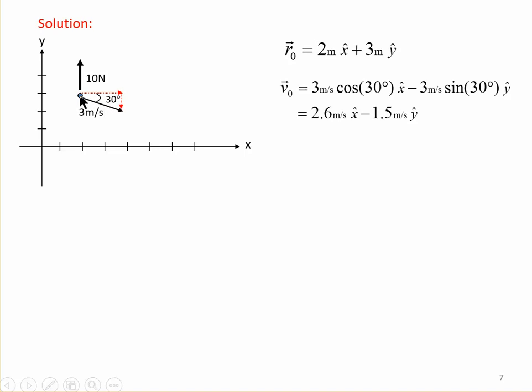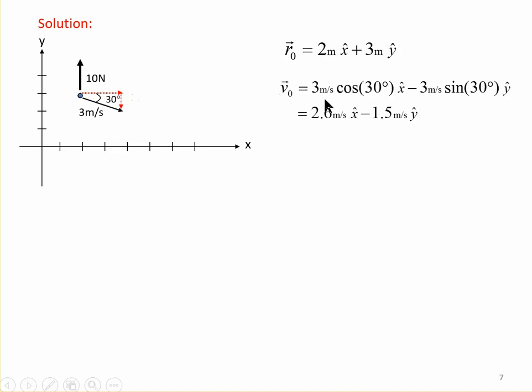So the initial velocity vector is 3 meters per second in that direction. So let's break up this initial velocity into its horizontal and vertical components. That's what these red arrows are. From trigonometry, we see that the length of this red arrow here is going to be 3 meters per second times cosine of 30.